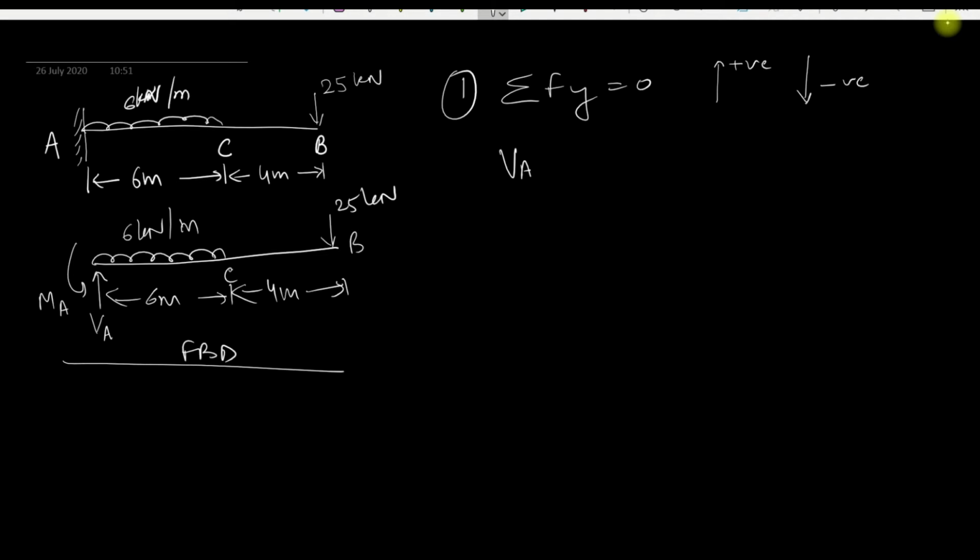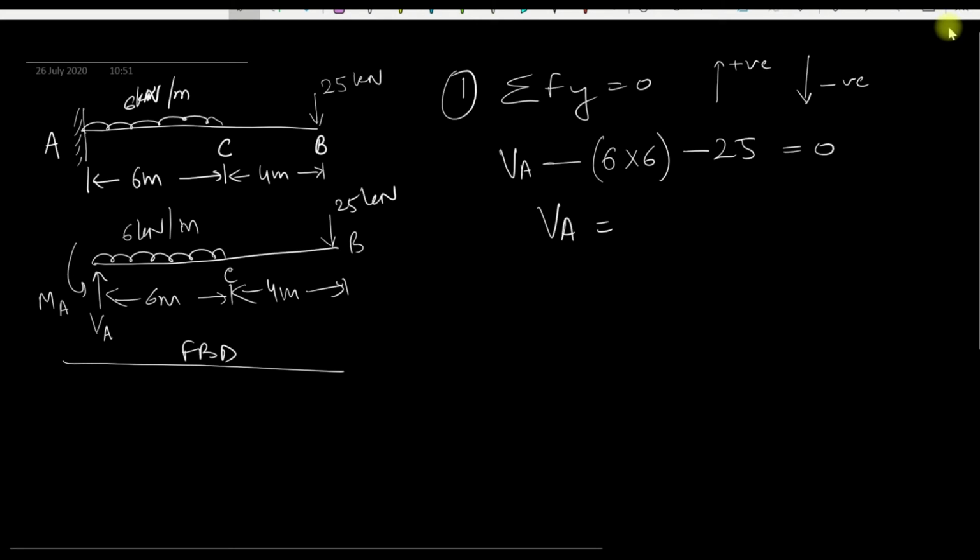The total load of the UDL is the intensity of the UDL into the length, and it is acting downwards, so it will be negative. So 6 into 6 minus 25 point load is equal to 0. From this we can calculate the value of VA and it is 61 kilonewton.